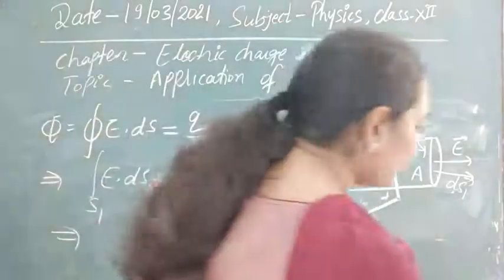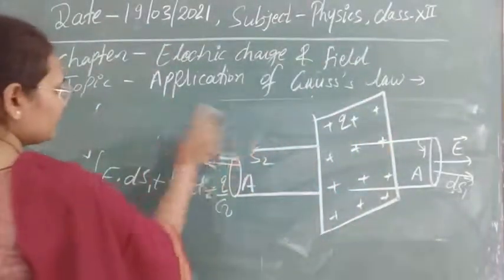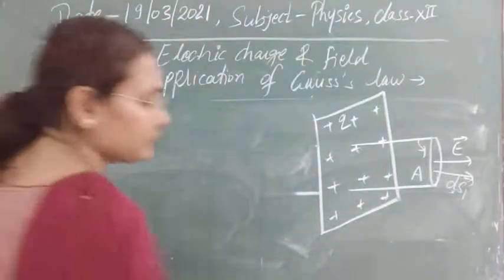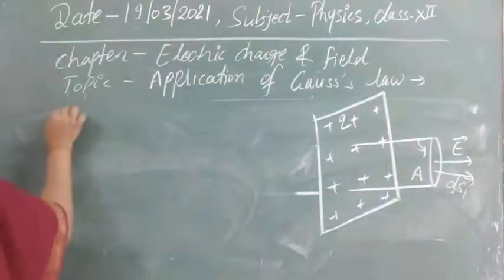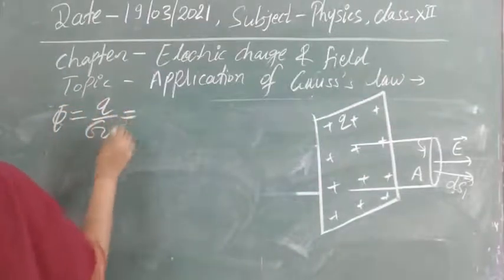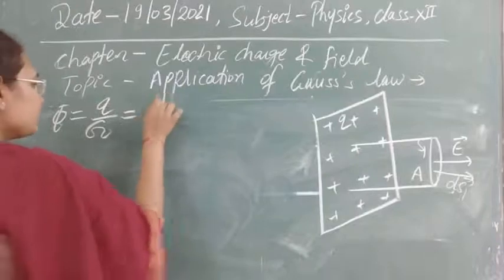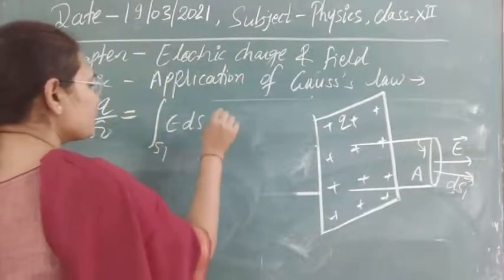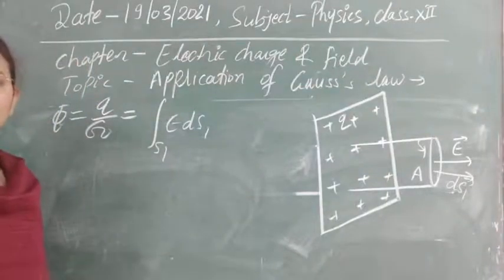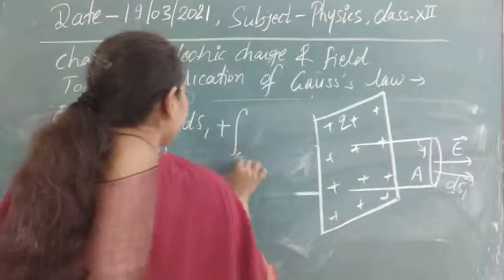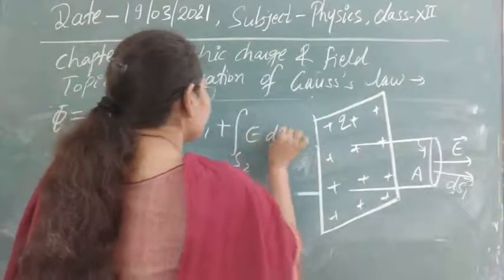So let's expand it now. When we expand it, phi is equal to q by epsilon 0. The first case is for S1, this is E ds1 cos 0, and the value of cos 0 is obviously equal to 1, plus over S2, this is E ds2.